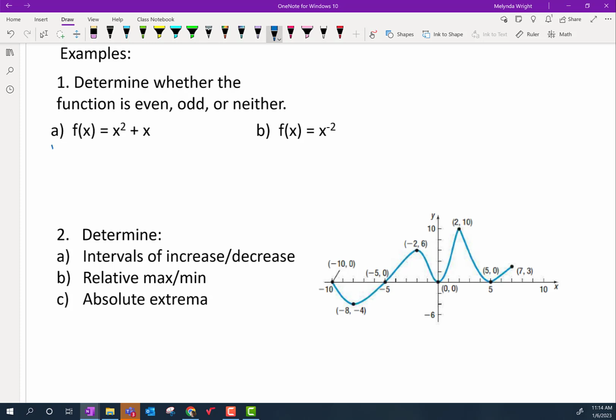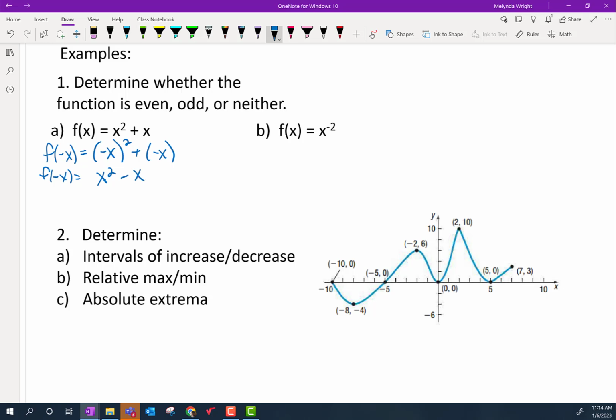So the algebraic test: I'm going to find f of negative x. I plug in a negative x where the x is, and then I simplify it. Negative x times negative x is x squared. And then I have minus x.